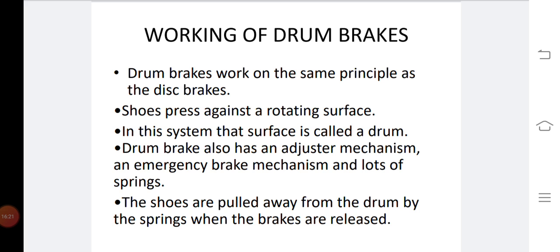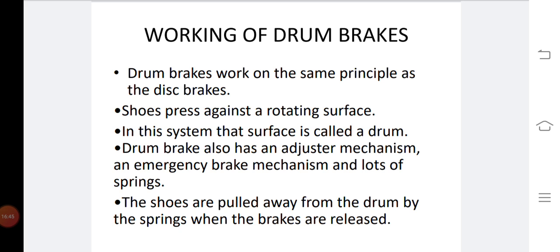Now we are coming to the working of the drum brake. These shoes press against the rotating surface, and in this system that surface is called the drum. Shoes and drum, these two surfaces are in action.